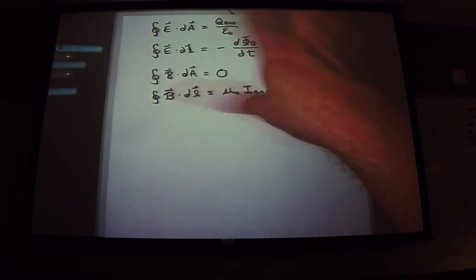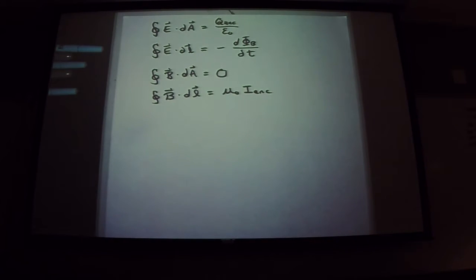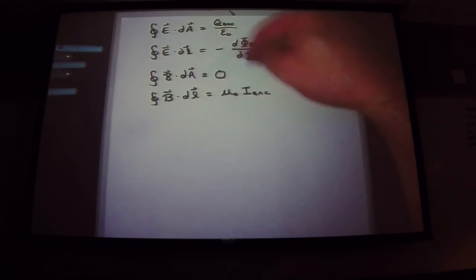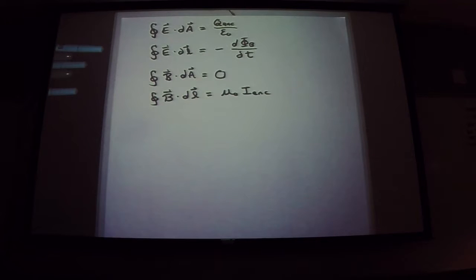Now, if these two things are of the same nature, then there should be some symmetry involved. So what's the converse of this? Changing magnetic flux creating electric fields. What's the converse of that? Yes, changing electric flux creating magnetic field.